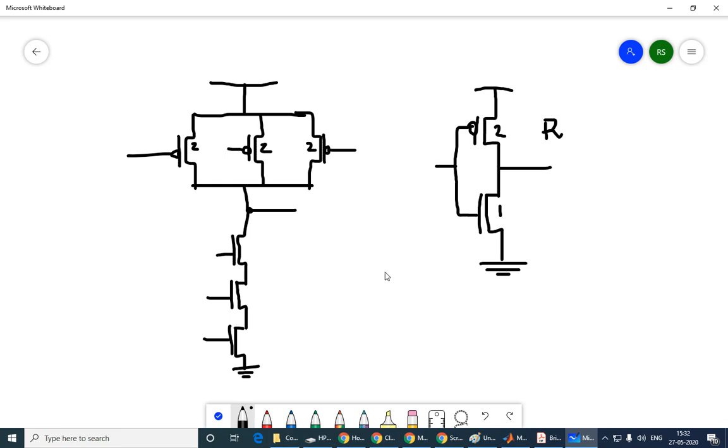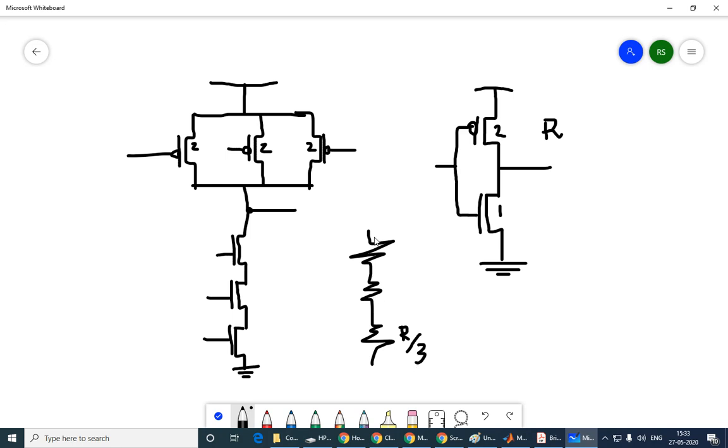3 transistors are there, and each of them will have resistance, and together they have to equal R, which means that each of them has to equal R by 3.